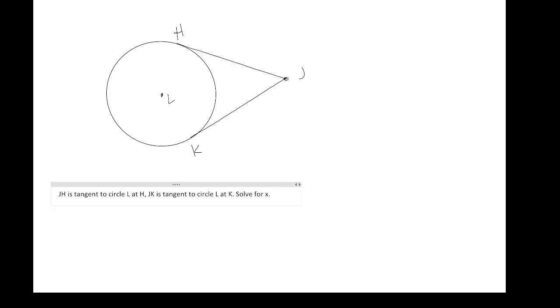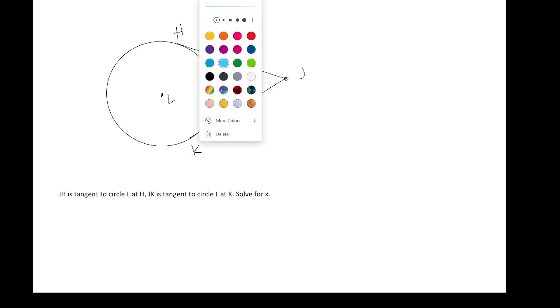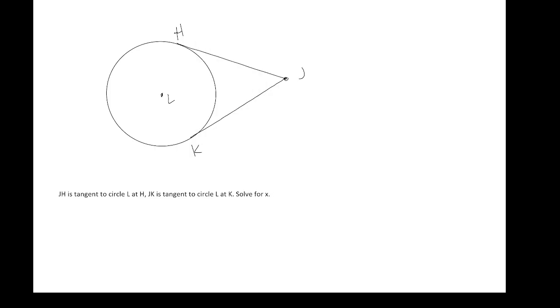How do we do that? Well, here are your values. HJ is equal to 7x minus 23, and JK is equal to 61.